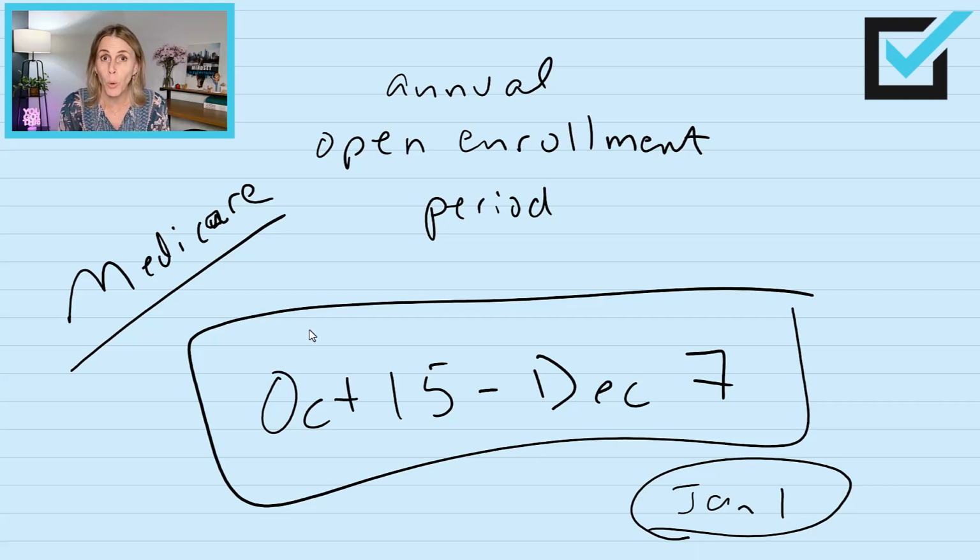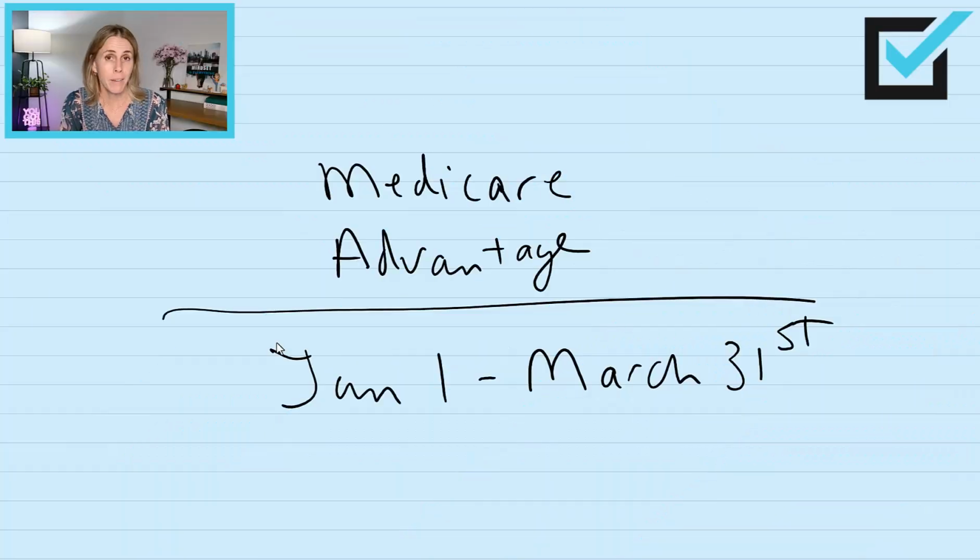The annual open enrollment period is very important for people thinking of making changes to their Medicare coverage. Medicare Advantage plan participants can change their Medicare Advantage plan from January 1st through March 31st annually. If they make a change during this period of time, the effective date for the change will be the first of the month following the change.